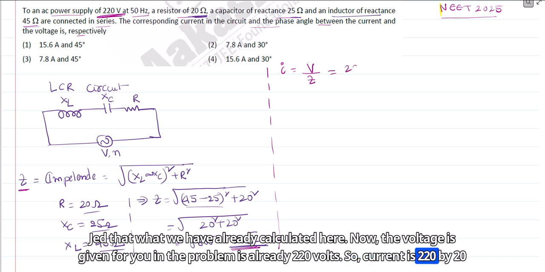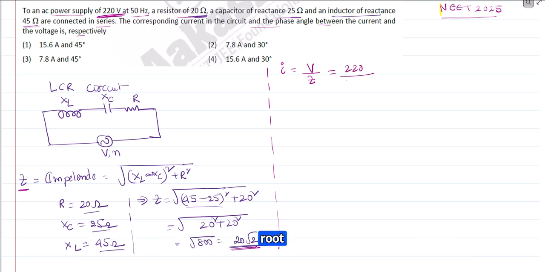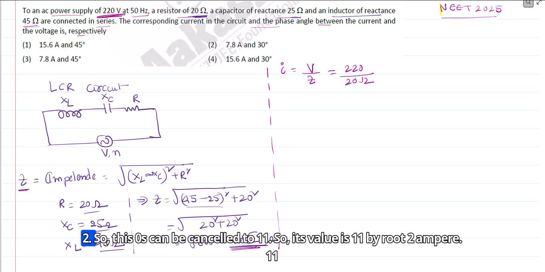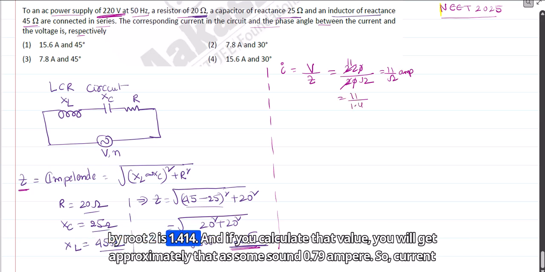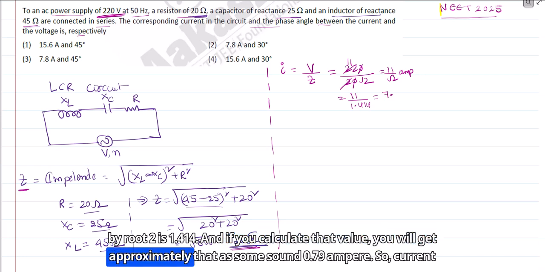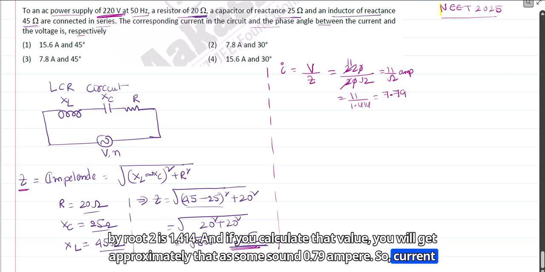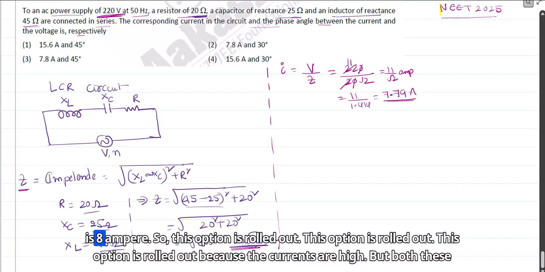So current is 220 by 20 root 2. These zeros can be cancelled to 11. So this value is 11 by root 2 amperes. 11 by 1.414 gives approximately 7.79 amperes. So current is about 8 amperes.